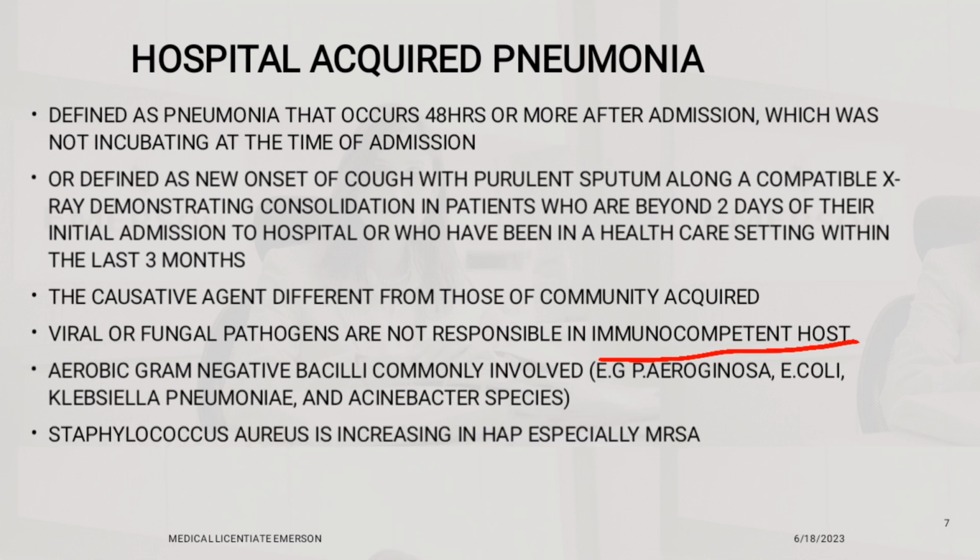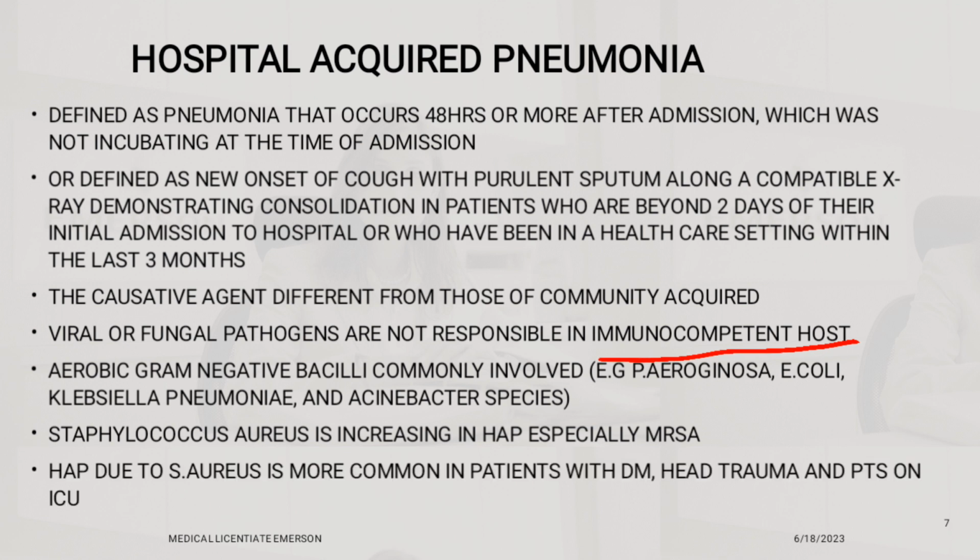Then Staphylococcus aureus is increasing in hospital-acquired pneumonia, especially MRSA. Hospital-acquired pneumonia due to Staphylococcus aureus is more common in patients with diabetes mellitus, head trauma, and patients in ICU.